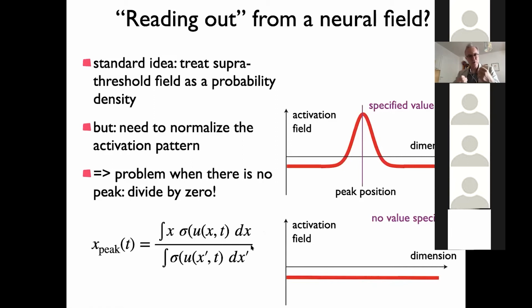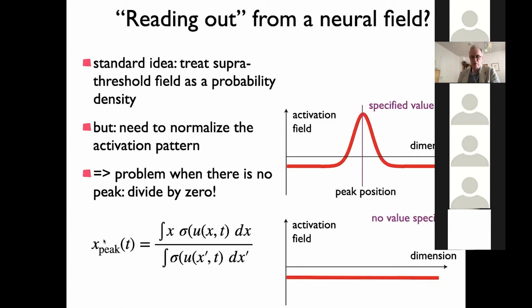And when you say each neuron votes for its value, that is the center of its receptive field x with its current activation, that will be this part, but it has to be normalized. You can see that it has to be normalized: if the peak was just blown up, if it was much larger, and you put that into only this top part, this here would be much larger.